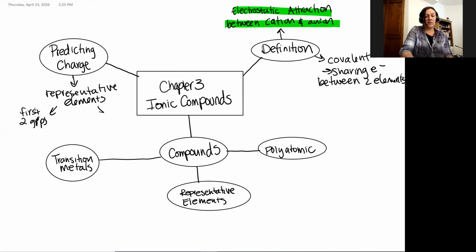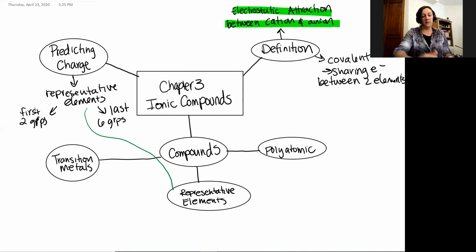And it's going to be the last 6 groups of the periodic table. And remember, groups are the columns of elements that we have on our periodic table. And so this will connect to how we predict compounds for representative elements.